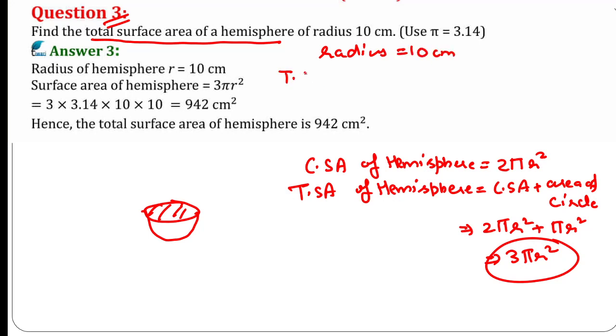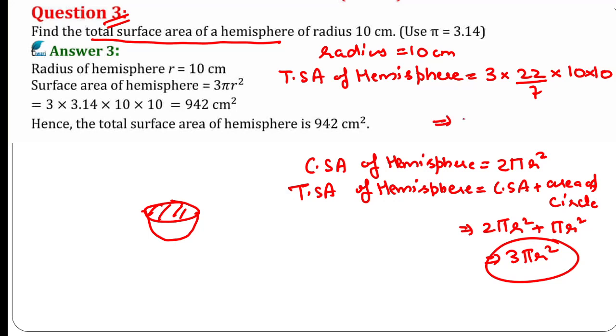So the total surface area of the hemisphere will become 3 pi r square. So 3 into pi, into the radius 10 centimeter, multiplied 2 times because it is r square. On solving, what will we obtain?